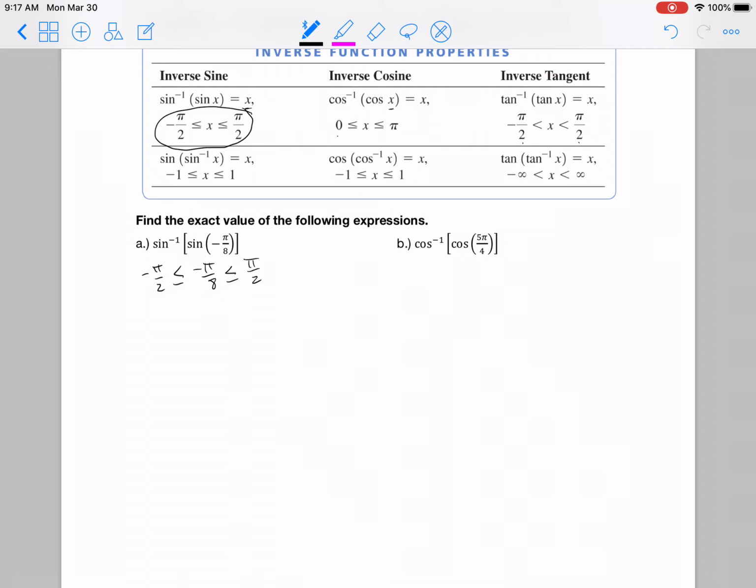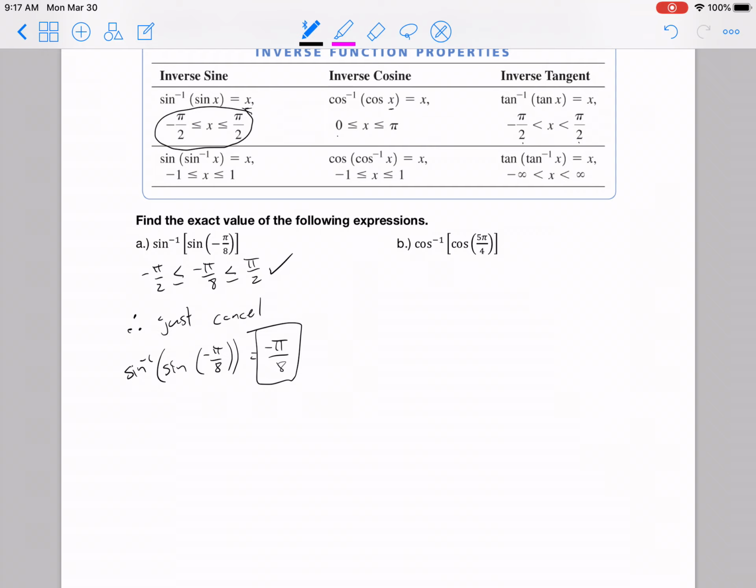So it is in between them. Therefore, they just cancel, and you get arc sine of the sine of negative pi over 8 equals negative pi over 8. And they just cancel, okay?